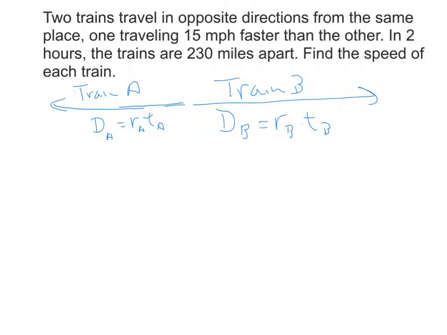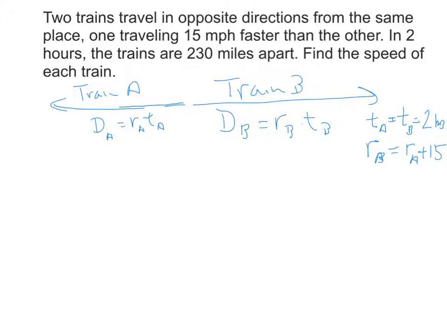So if you use these subscripts and write the equations like this, filling in what we know, the time for each of them is the same. That is, T sub A equals T sub B equals 2 hours. And we also know that one of their rates, and we'll just assume that it's train B, is the speed of train A plus 15.